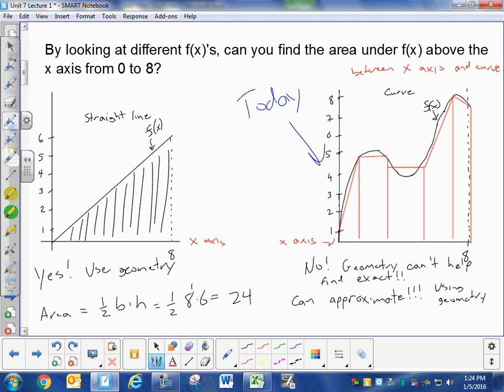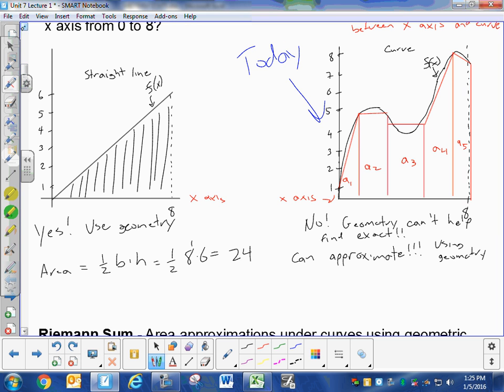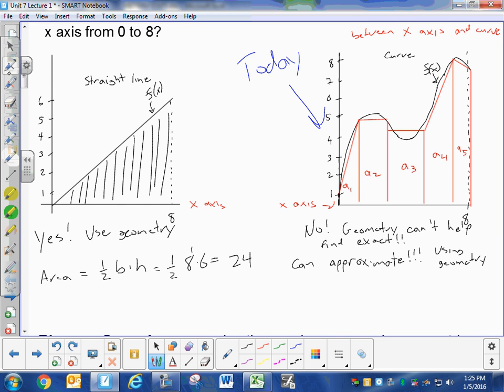Okay, and in this situation, we have objects that we can find the area of, and then we can just sum all of these areas of these objects that we can use geometric formulas for. So I could say that the area is approximately, so area, you can use the squiggly lines for approximate.